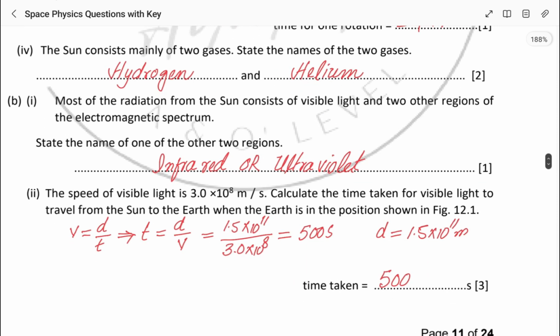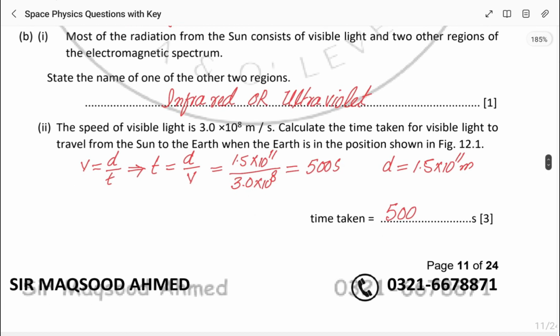So we use the formula speed is equal to distance over time, and from this time is equal to distance over speed. By putting the values in this formula, we get our answer, which is 500 seconds.